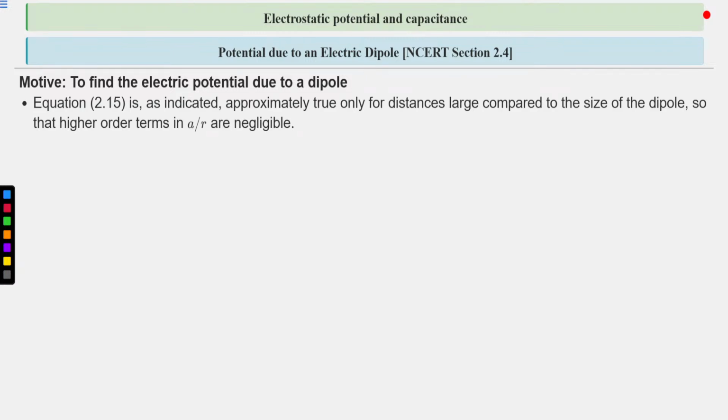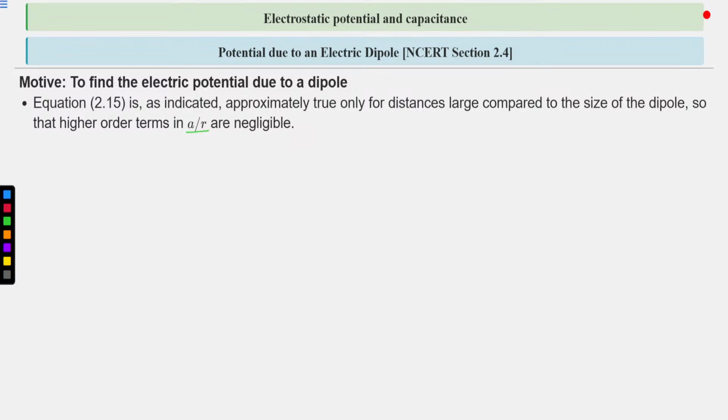Now equation 2.15 is, as indicated, approximately true only for distances large compared to the size of the dipole. This equation is approximately true for large distances, or we can say for short dipoles, so that higher order terms in a by r are negligible.